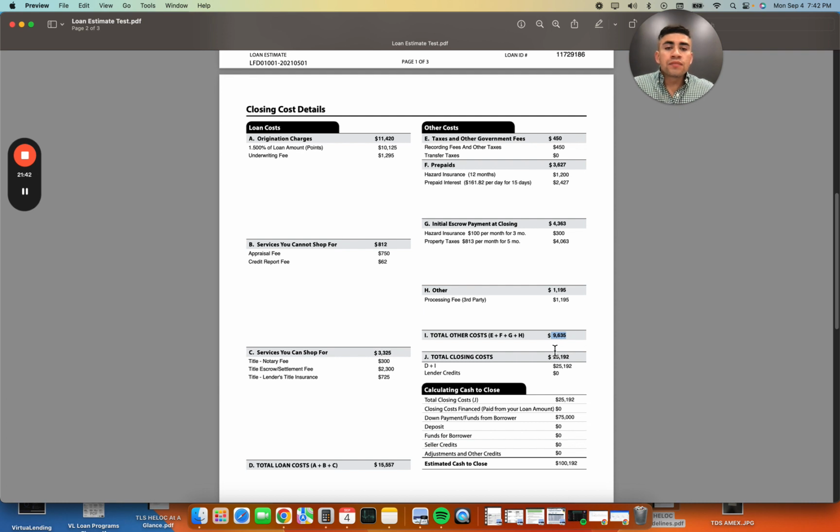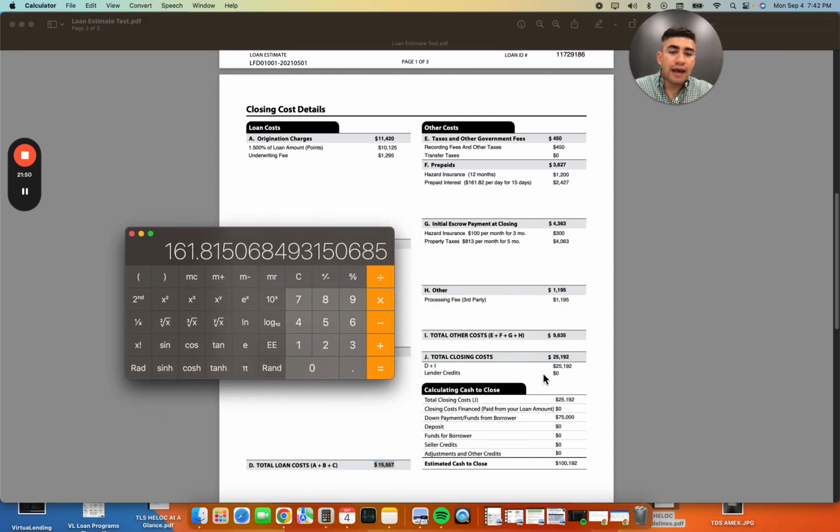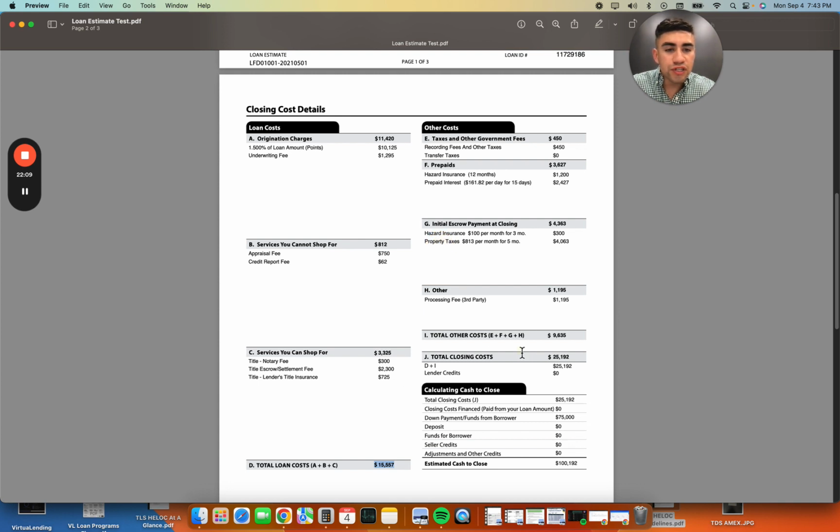So now, if you take $15,557 in section D and add that to your section I total other costs, that will be your total closing costs. Okay, so let's do the math here. 15,557 plus, let's see here, 9,635, 25,192. That is your total closing costs associated with this loan. Okay, and you'll see that right here.